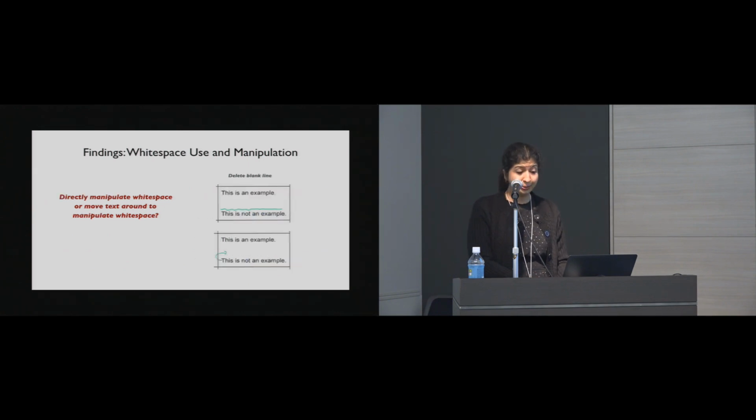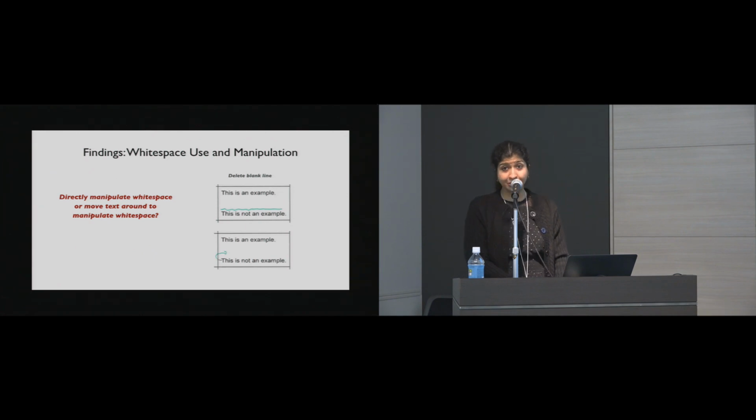Another interesting behavior that we saw was that most participants treated white space as a manipulable object, that is, they directly manipulated it. So when they were asked to delete a blank line, they directly crossed it out, or used strikethrough.